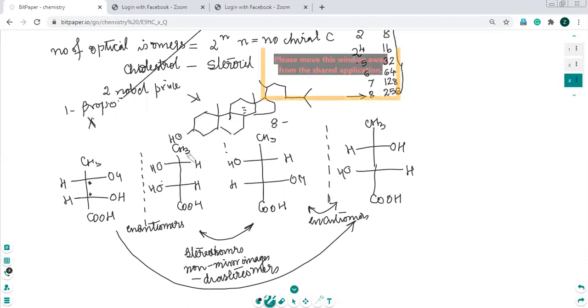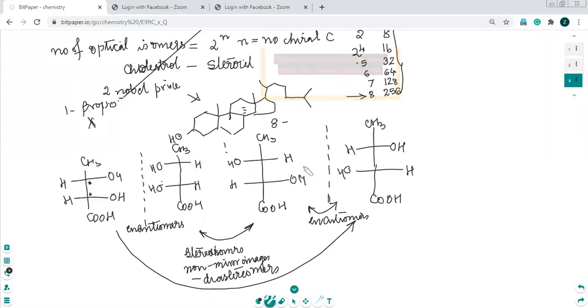This and this are diastereomers between each other. Okay. So diastereomers are non-superimposable, non-mirror image stereoisomers. They are called diastereomers. Okay.